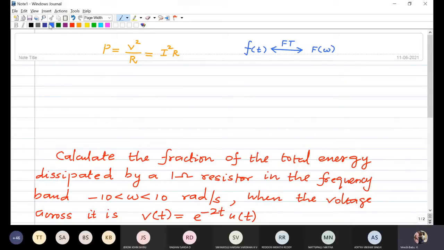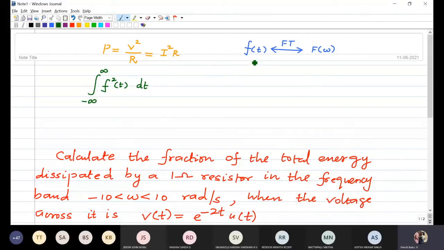So in time domain, in signals and systems, you will study in time domain. If you want the power of the signal, you just take the square of that signal and integrate from minus infinity to plus infinity dt. This will give the power.